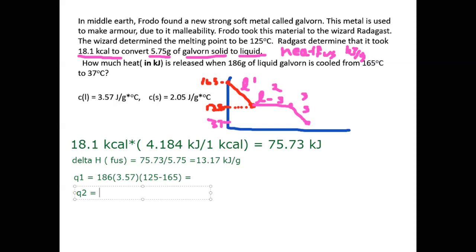And since our delta H of fusion is in kilojoules per gram, we just take the grams, 186, times, since this is freezing, the negative of the delta H of fusion. And then Q3, we're in the solid state.